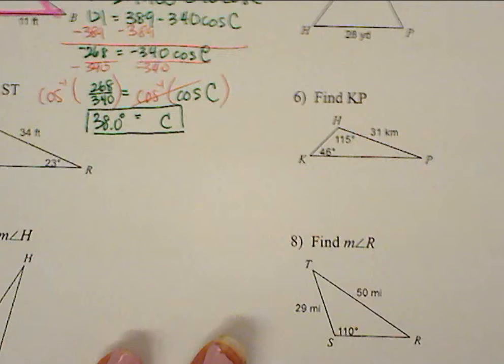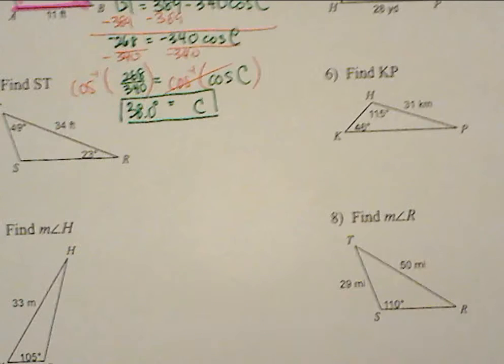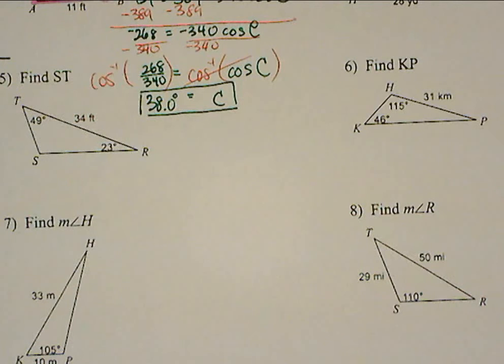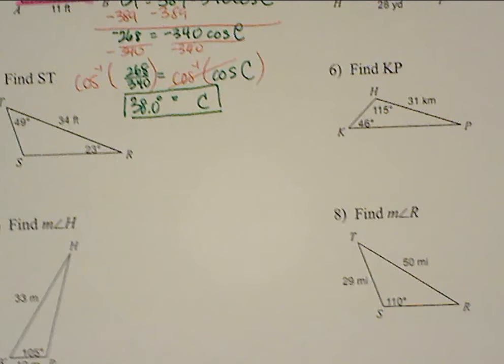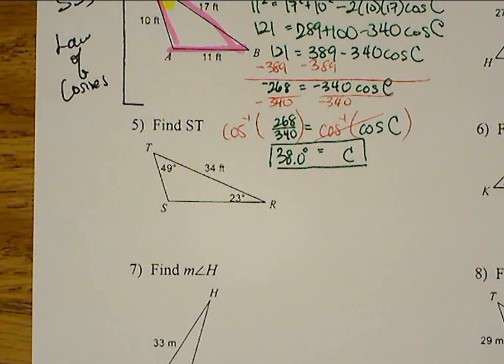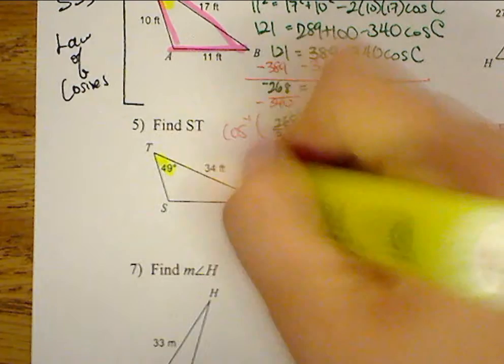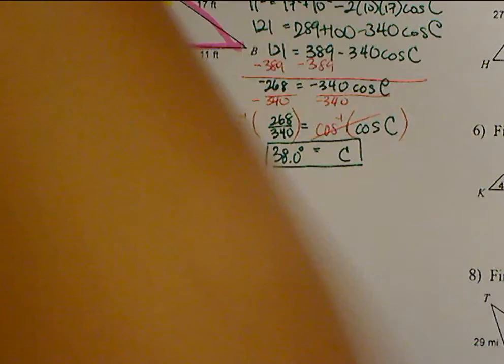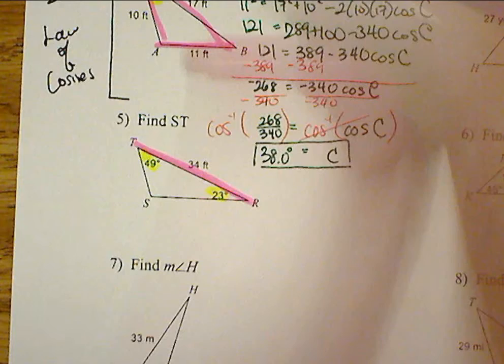Yeah. Okay, now let's talk about law of sines. Let's do one law of sines example. Notice, what do we have here? We have angle, side. What do we have here?